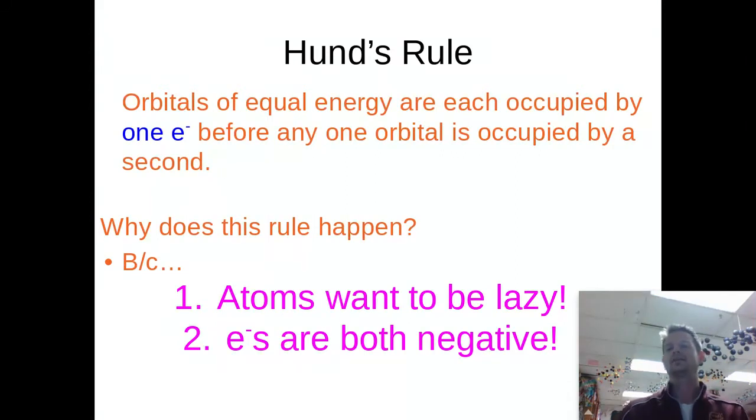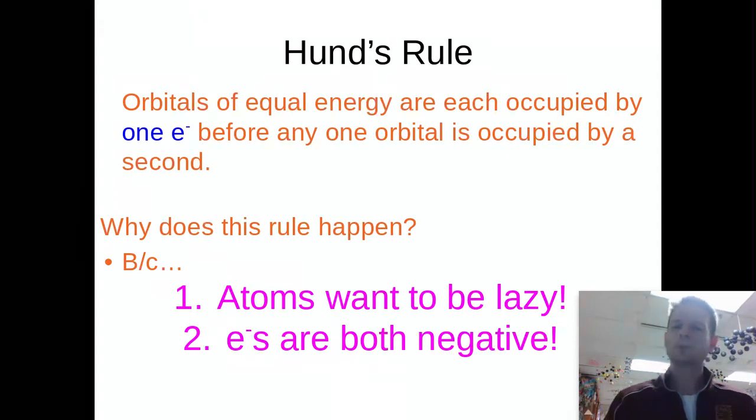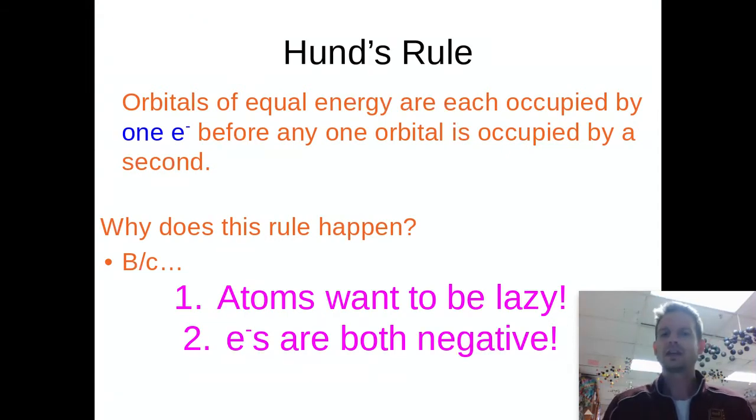Electrons are both negative. And so when we bring two negatives together, they like to repel. And so the repelling means that we have more energy to keep them together, right? It takes more energy for us to keep them together. So if we can separate them first and then only put them together when we have to, that is what keeps energy low. That is what keeps the atoms as lazy as possible, right?